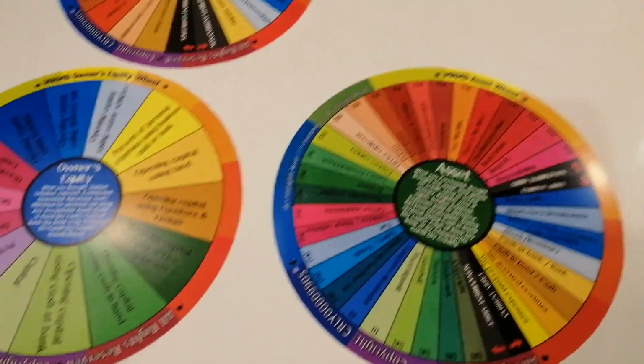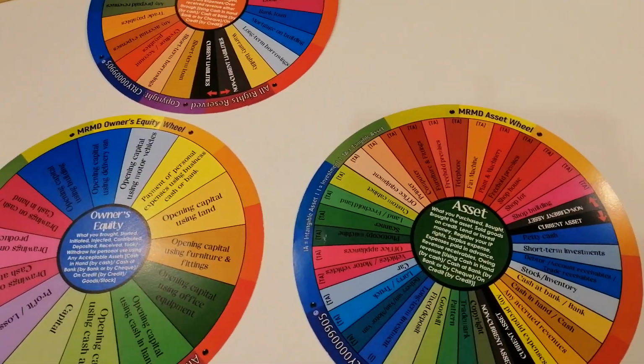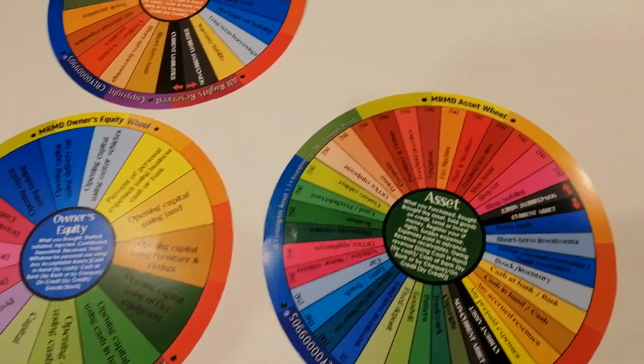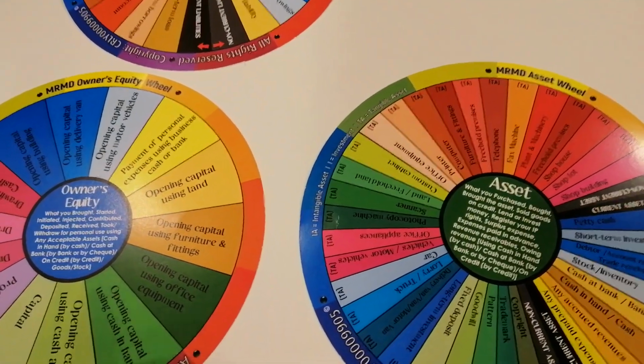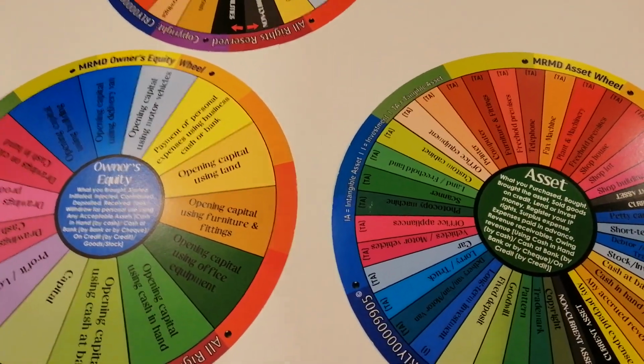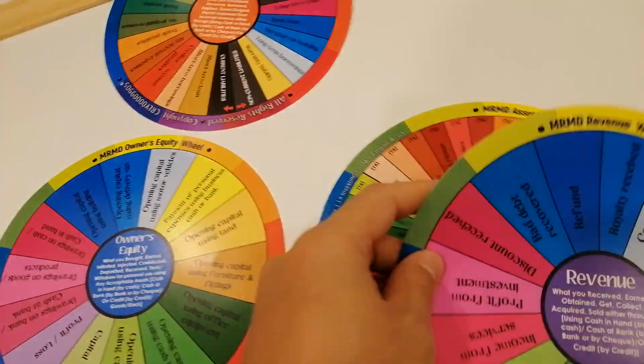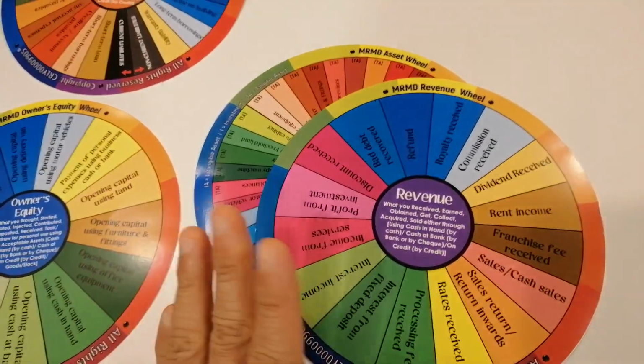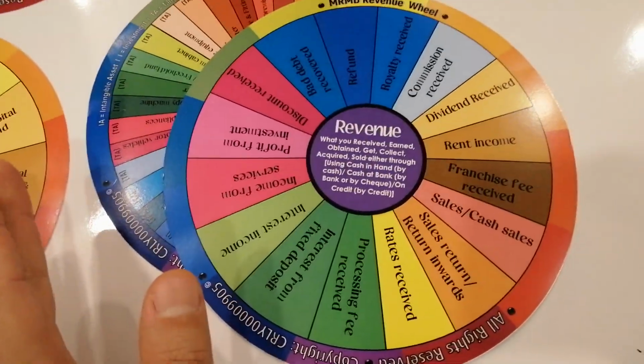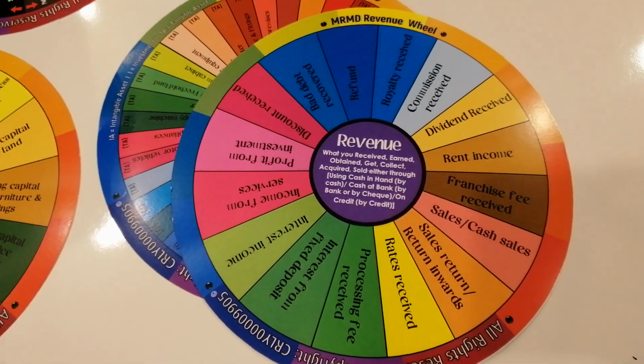So this is a very important process, very crucial for all students, to classify. If you classify wrongly, it means you are going to record wrong things. You are going to summarize wrong things.